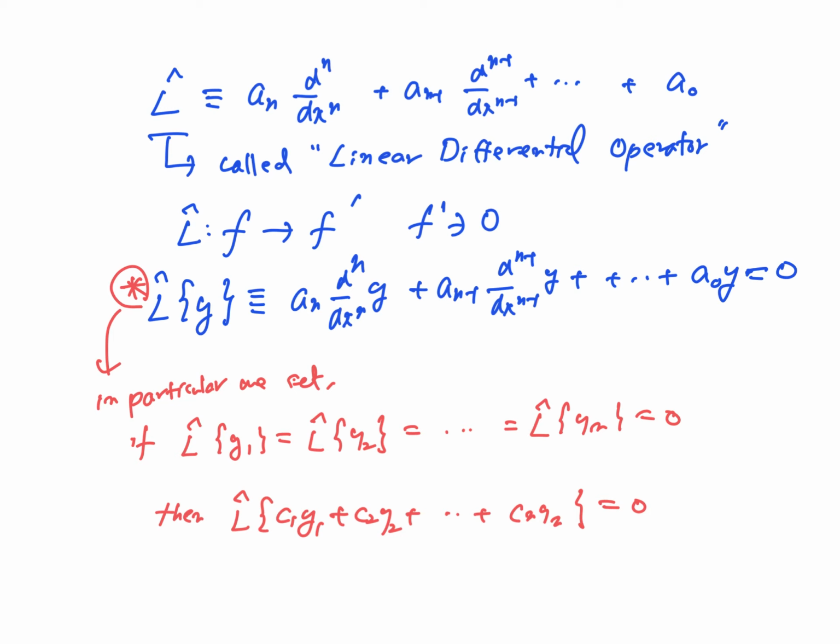So when the coefficients an-1, ..., a0 are constant, you can find a solution very easily using the characteristic equation. So for constant coefficient, we can try exponential lambda x as a trial solution.